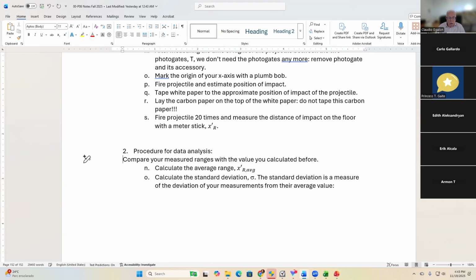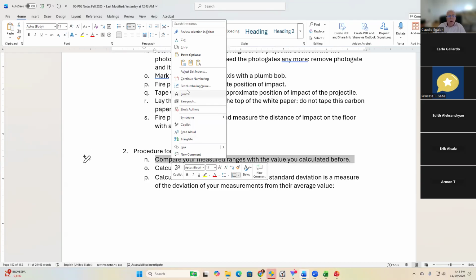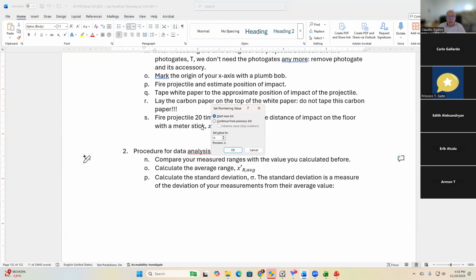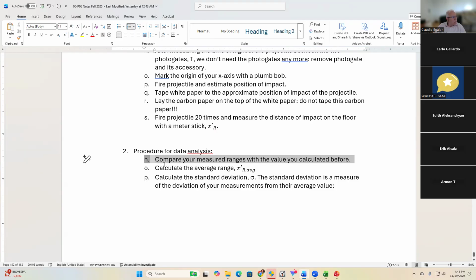Let's try it again. For some reason, it is not setting the numbering value. It's supposed to display A, B, C here, okay? For some reason, it's not doing that.